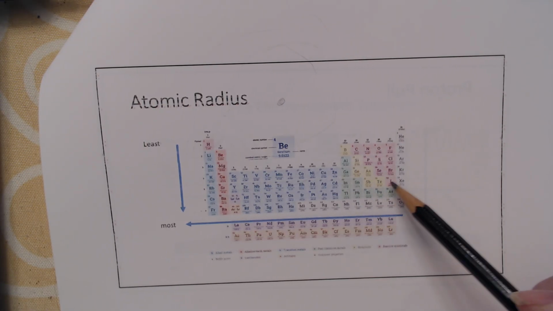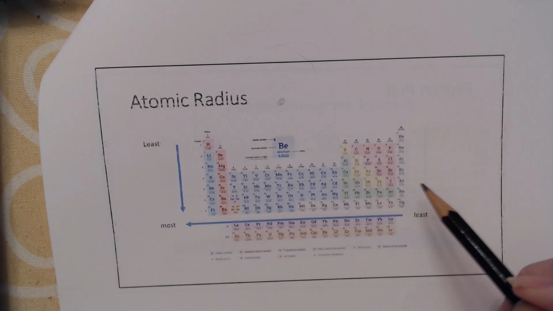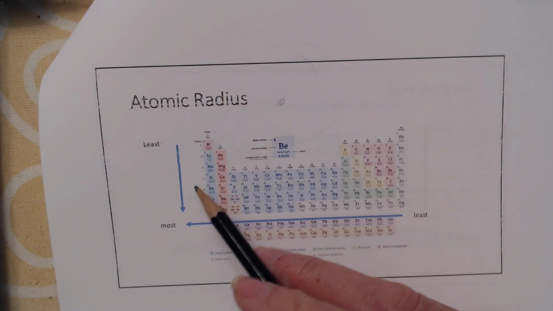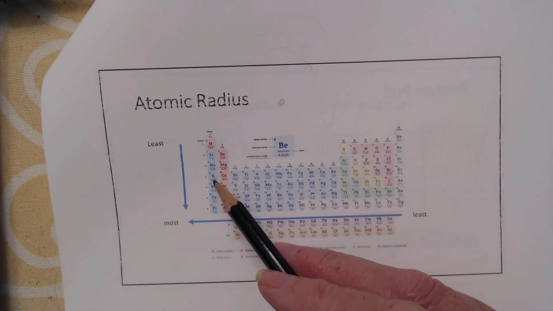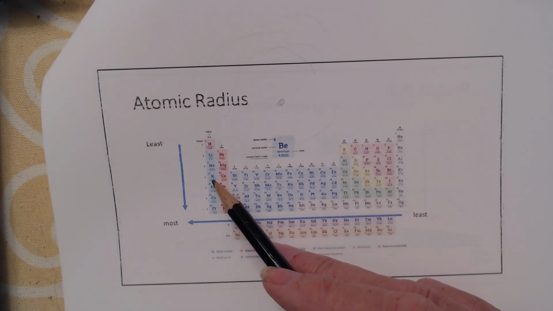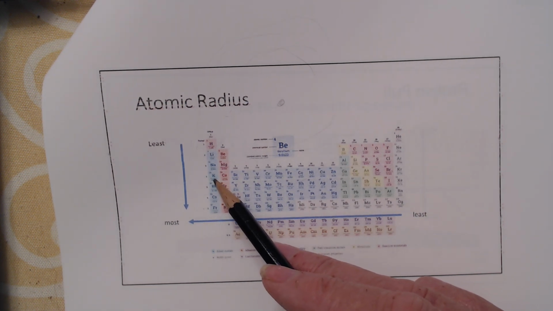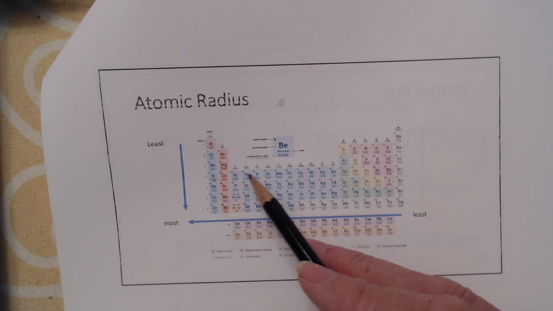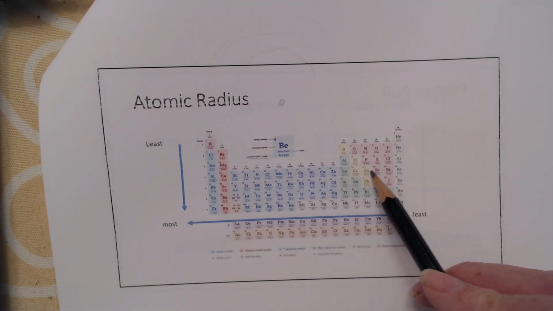But what I'm saying to you is, yes, a bromine atom is far bigger in mass than a potassium atom. That's true. But the potassium atom actually has a bigger atomic radius than everything that follows it along this row.